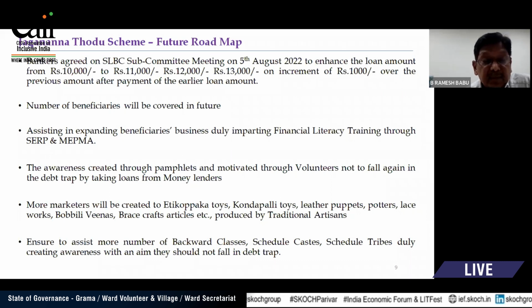And more marketing will be created for Etikoppaka toys, Kondapalli toys, leather puppets, Bobbili Veenas, brass craft articles, etc., produced by traditional artisans, and ensure to assist more backward classes, scheduled castes and scheduled tribes, duly creating awareness with an aim that they should not fall in a debt trap again.